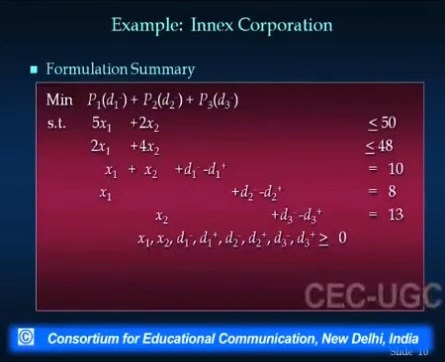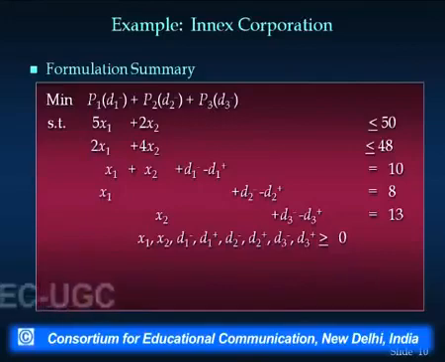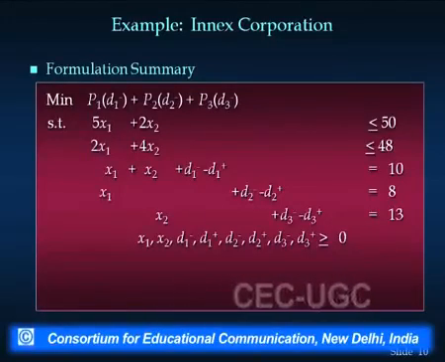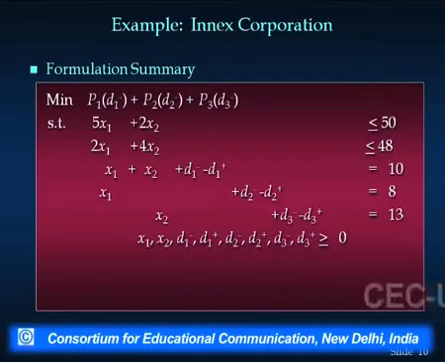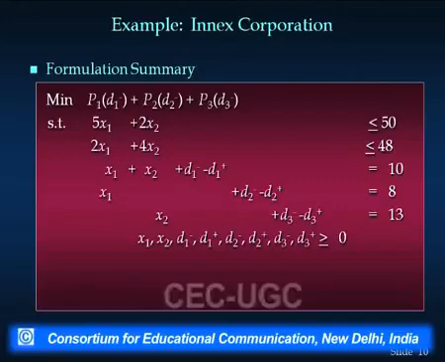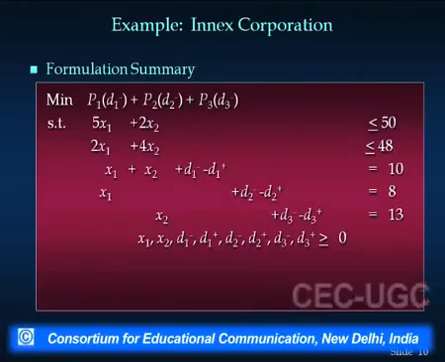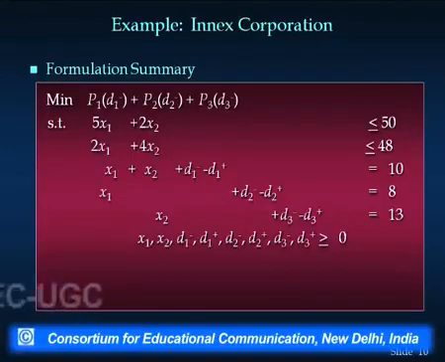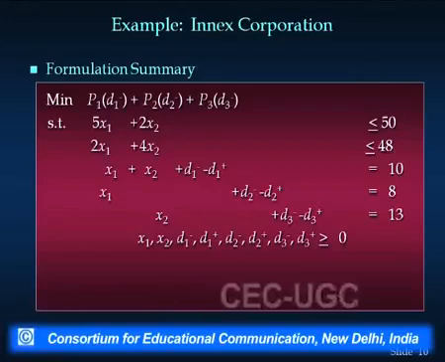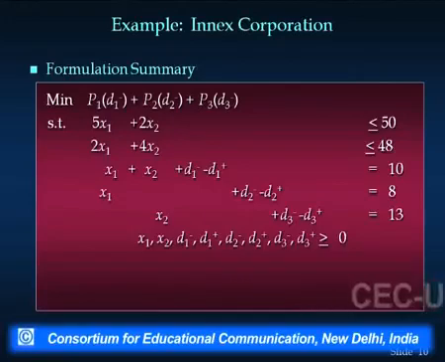Now let us see how we have formulated it. As I have already explained, the objective function here is minimize P1 D1 minus plus P2 D2 minus plus P3 D3 minus. And now our functional constraints will be taken into account. The first constraint and the second constraint have already been formed. First is 5x1 plus 2x2 less than or equal to 50.